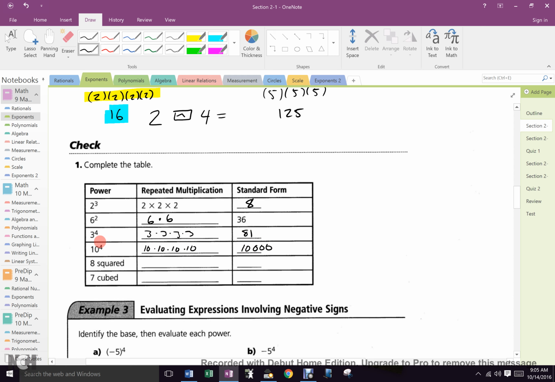You did 10 times 4, 40. 8 squared? 64. 8 times 8? 64. 7 cubed? 343. Is everybody good?